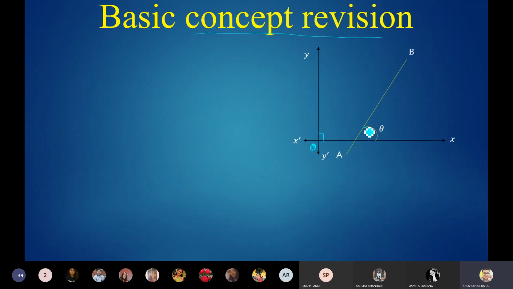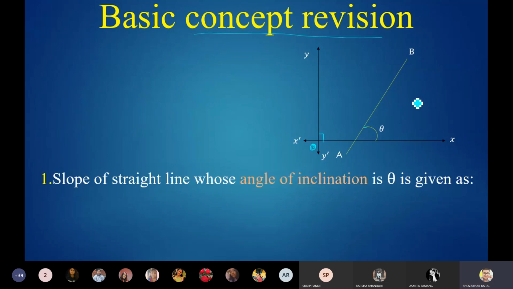Suppose there is a straight line which makes an angle theta. This angle of inclination is theta here. Then the slope of the line is given as tan theta. Slope of a straight line whose angle of inclination is theta is given as slope m equals tan theta.